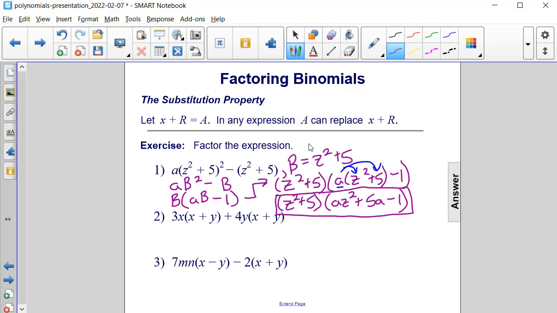Now let's try this next problem. Notice we have a common factor of x plus y. So let's assign capital A to be x plus y.